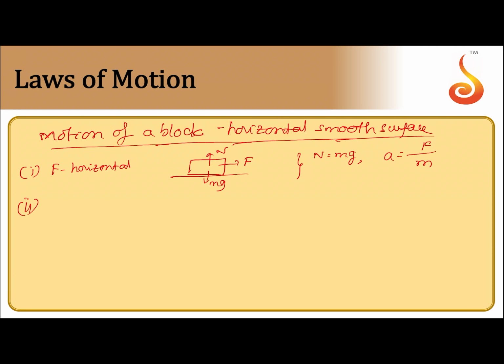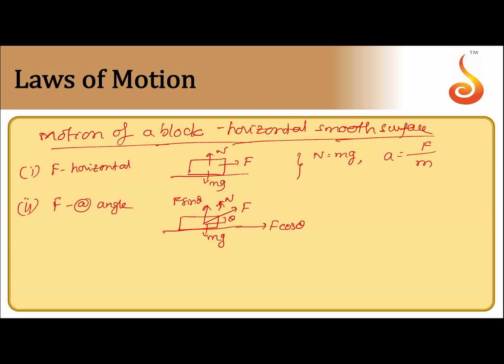Second, this time force is at an angle. Same setup. F is at an angle theta. Now what are all the forces? I have F cos theta, I have F sine theta, I have n, I have mg.